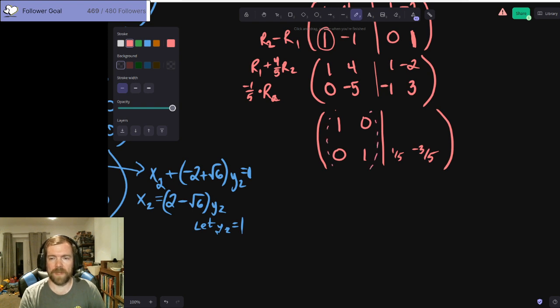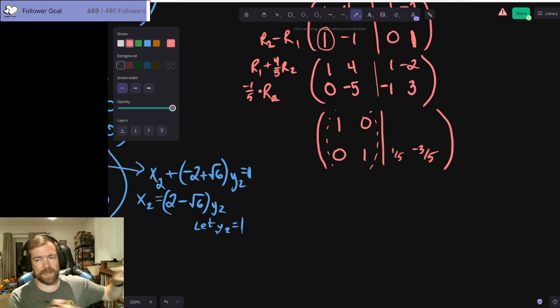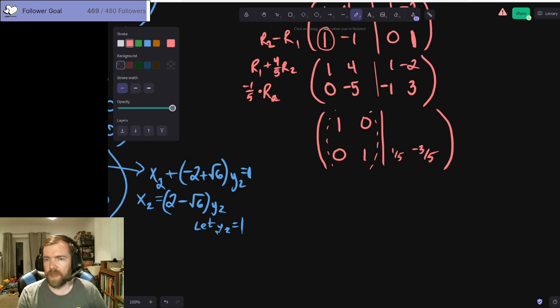We've got the identity matrix, so now everything on the right hand side is going to be our actual A inverse matrix once we finish this row. So here this is going to be row 1 is 1 plus a 4/5 of -1 is going to be 1 minus 4/5. So 1/5. And a -2 plus 4/5 of 3 is going to be 12/5 minus 10/5. So we get 2/5.